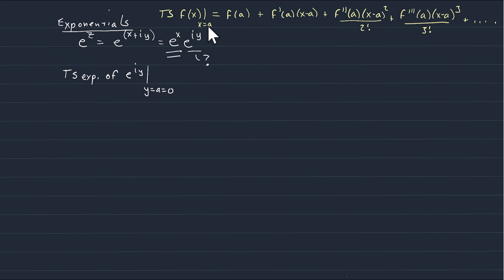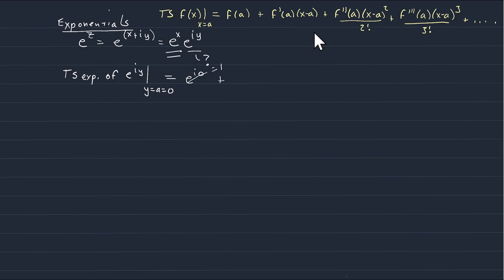I pasted the Taylor series formula just to remind us how to do this. So we expand e to the iy, again about 0. The first term is the function itself. So that's e to the i times 0, which will turn into a 1. And then we have the first derivative of e to the iy.